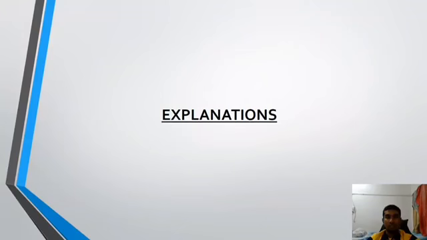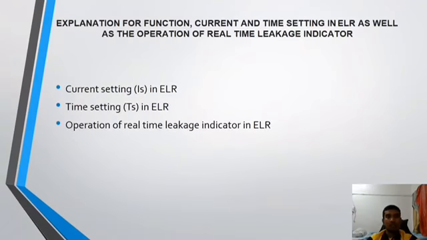Then for the explanations part, the explanation for function, current and time setting in earth leakage relay, as well as the operation of real-time leakage indicator. For the ELR, current setting IS is used to preset the leakage current level.